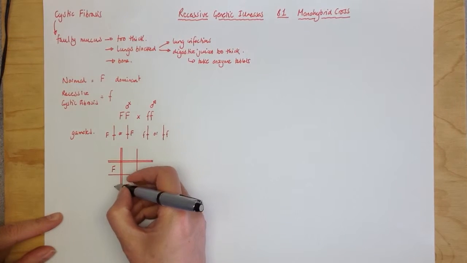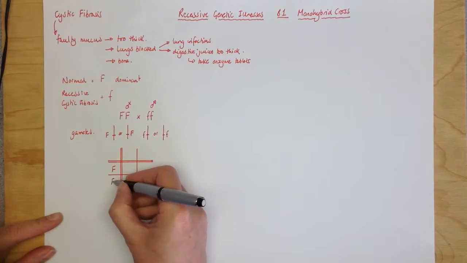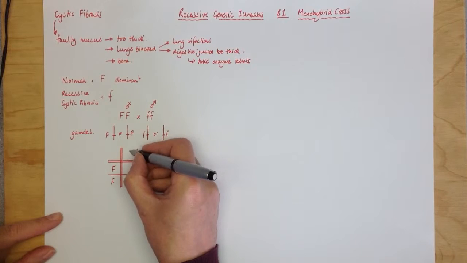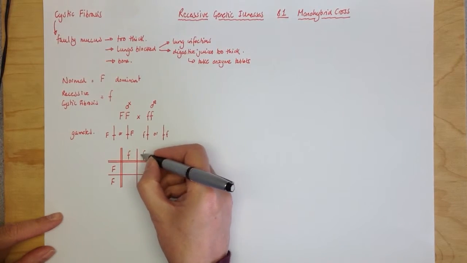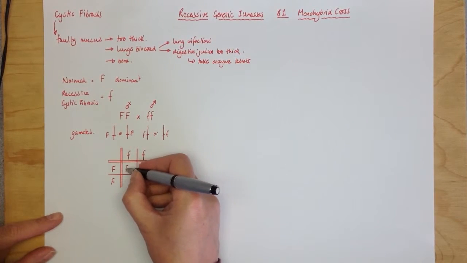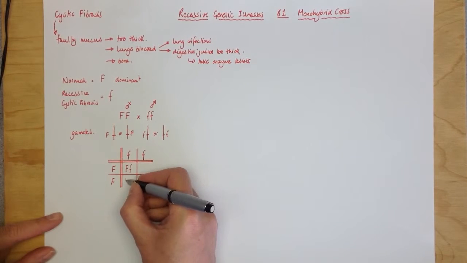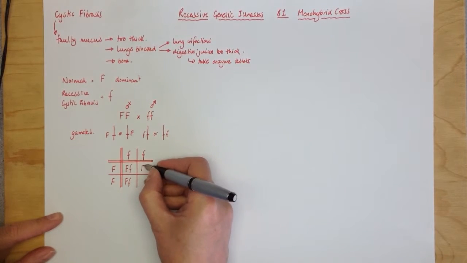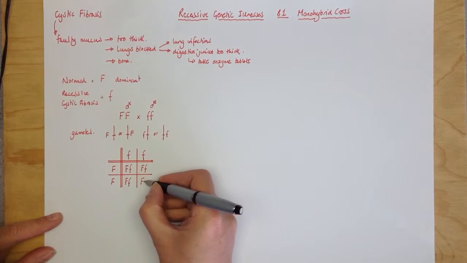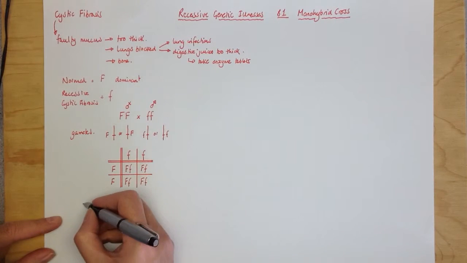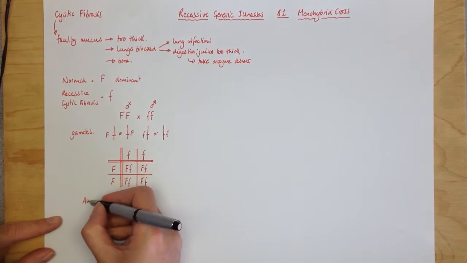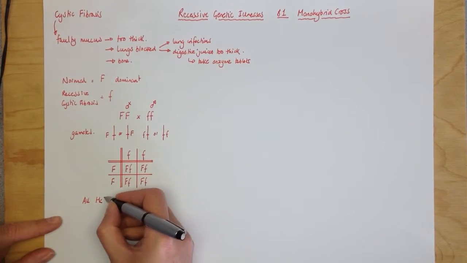Half of her eggs contain the dominant allele, so do the other half. Dad's sperm, all of them contain the recessive allele. So when these combine, all combinations mean that the children would all be heterozygous.